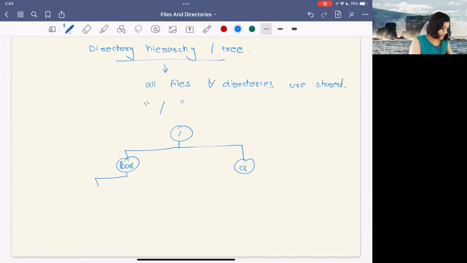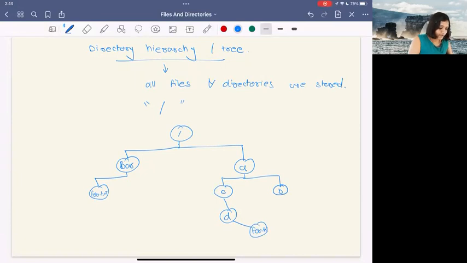Inside bar, let's say we have a file called foo.txt. Inside directory A, we can have another directory C, another directory B. Now inside directory C, we can have a file foo.txt over here.